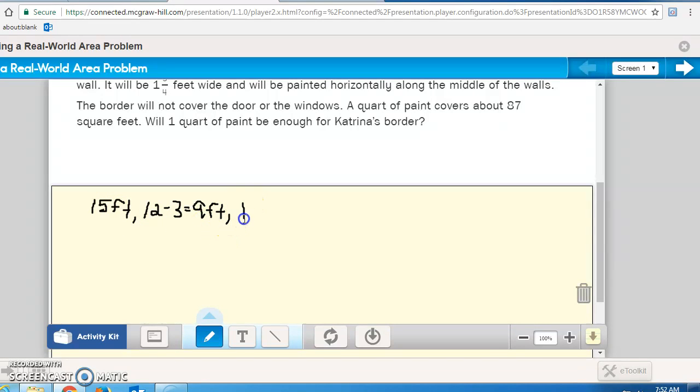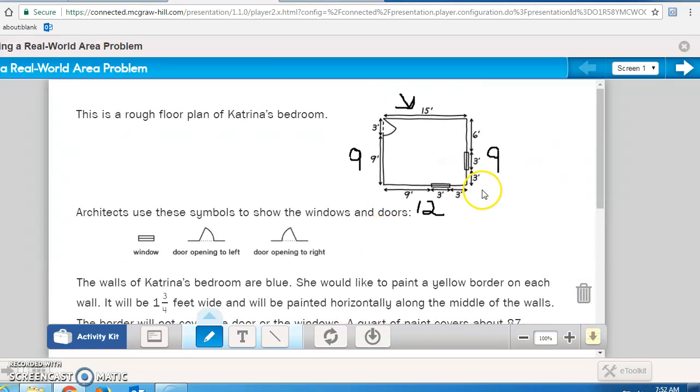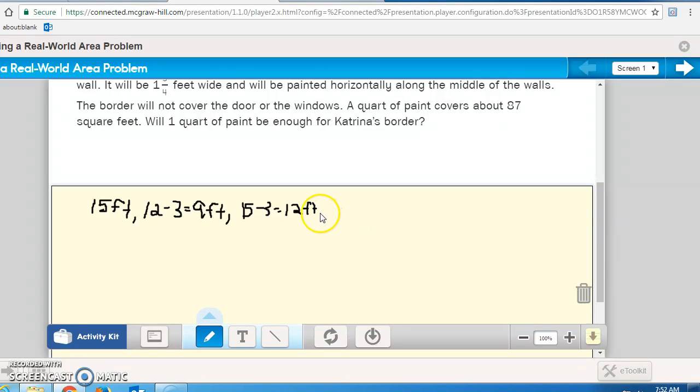Then again, I have the bottom line, which was 15 feet minus 3 feet, and that's how I got the 12 feet, which is underneath the 15-foot. Now I am going to go back up to that so you make sure I know. I just explained this number and the length of this wall. And then next, I'm going to take 12 minus the 3 feet that we said was the door, which equals 9 feet.